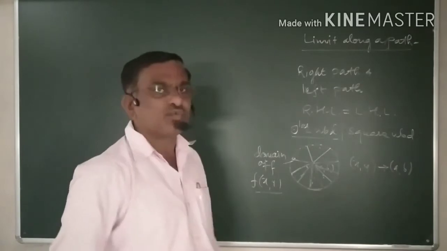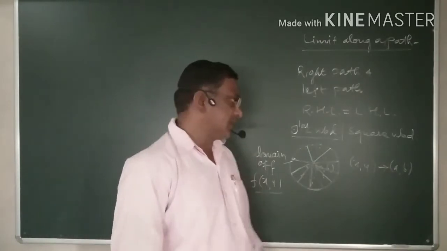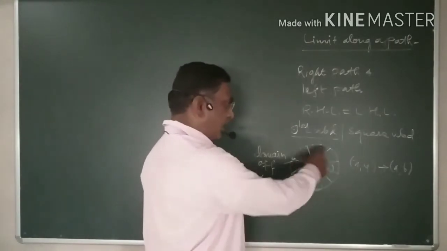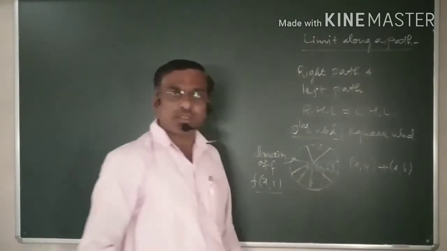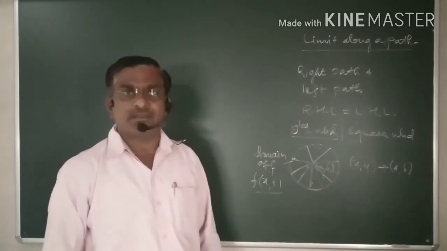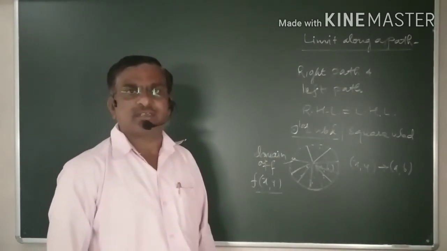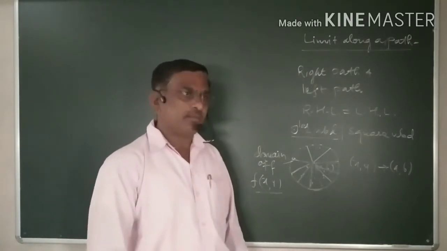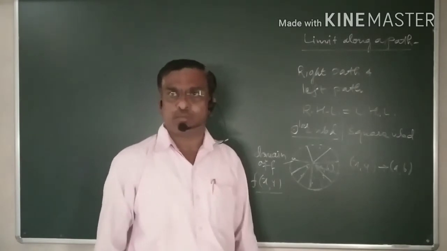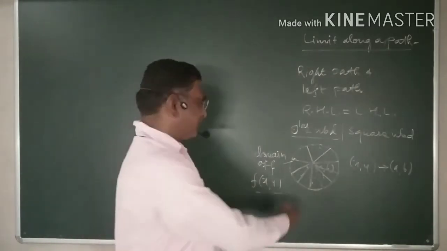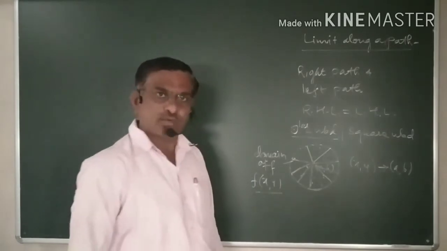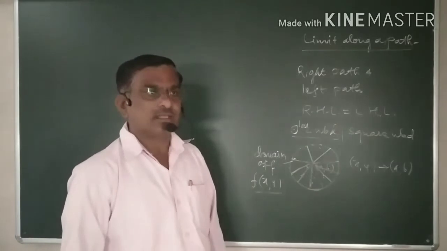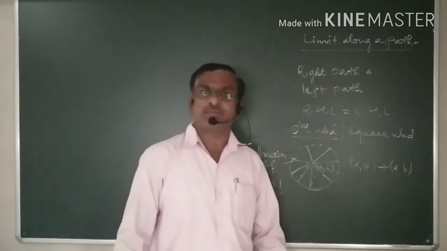Therefore for a function of two or more variables, if the limit of the given function along all these different paths is the same, then and only then we can say that the limit of that function exists.